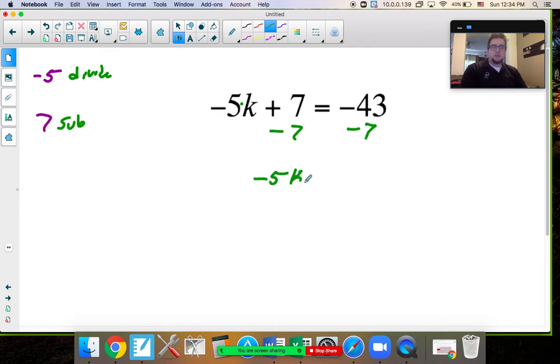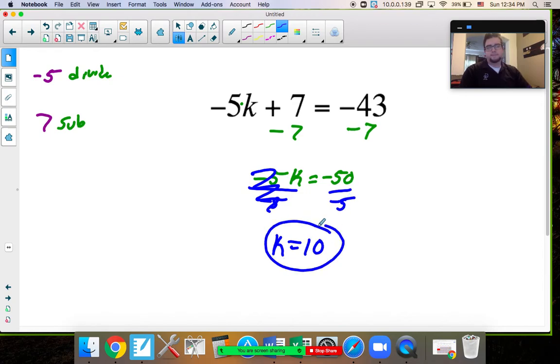That leaves us negative 5k is equal to negative 50. Since both of these are negatives, they combine together. We divide by negative 5. That all cancels out. The negative and the negative, we get a positive. 50 divided by 5 gives us 10.